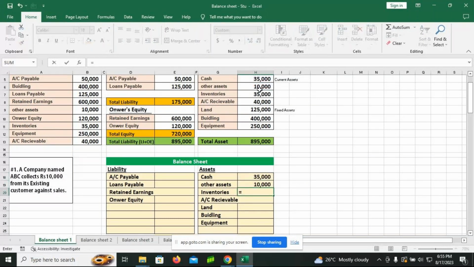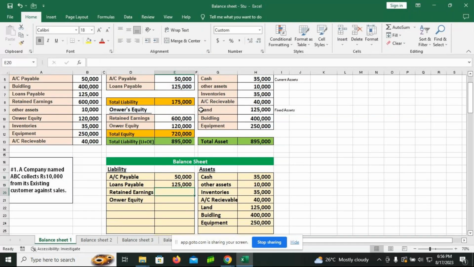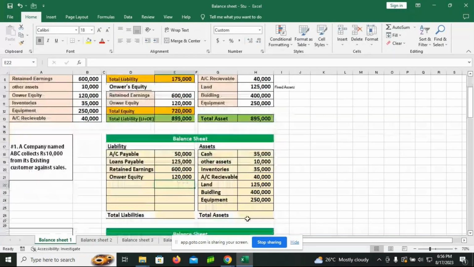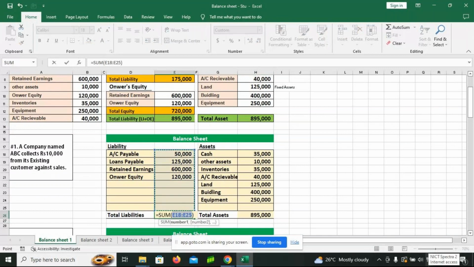So inventories 35,000, account receivable 40,000, land 1,25,000, building 4 lakh, then equipment 2,50,000, account payable 50,000, loans payable 1,25,000, retained earnings 6 lakh. So owner's equity 1,20,000. So I'll make the total here Alt equals and Alt equals. So now I have done both the calculations.